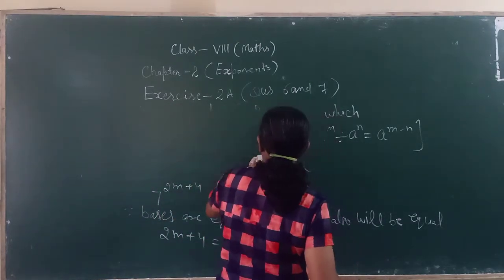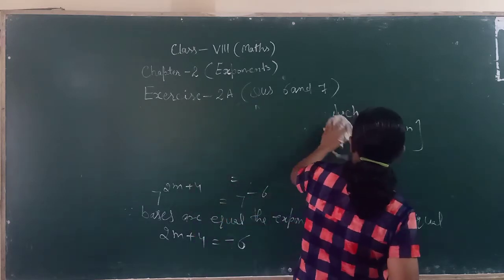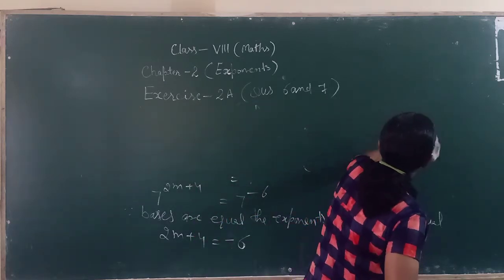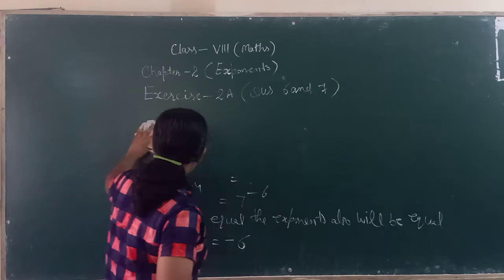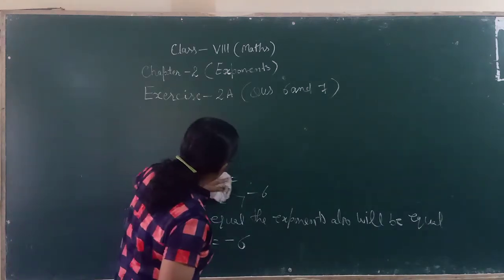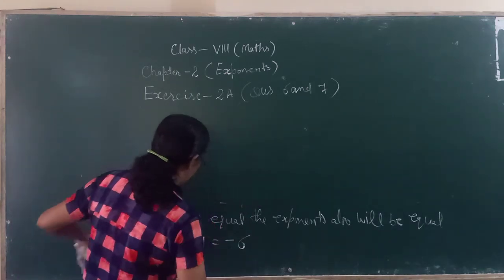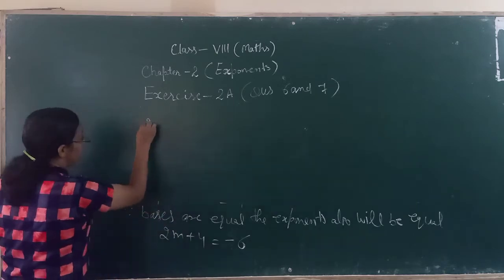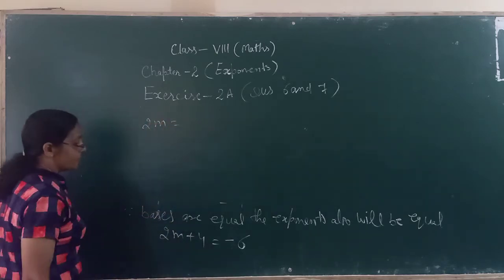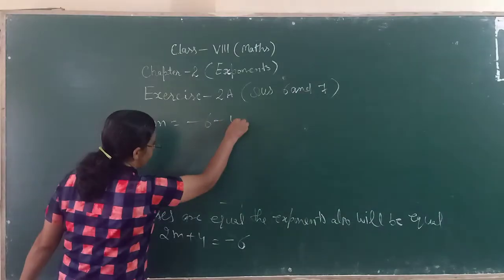Since you solved this in the previous class, first we transpose the constant number to the right hand side, because we have to take the like terms together. That is, 2m is equal to minus 6 minus 4.